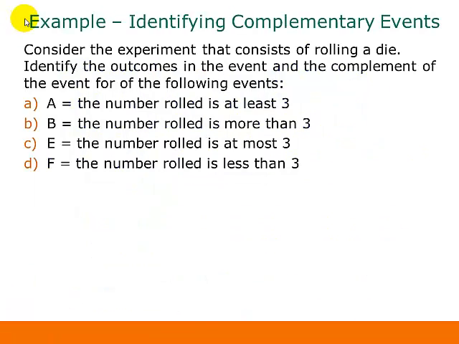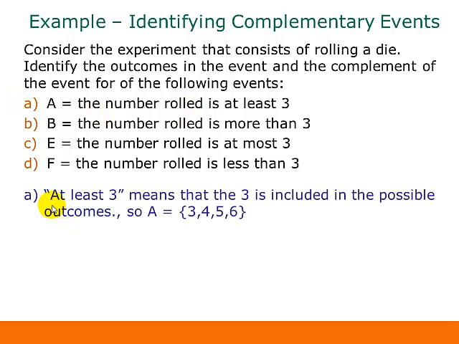Here's an example. So consider the experiment that consists of rolling a die. Identify the outcomes in the event and the complement of the event for each of the following events. So for part A here, the event A is that the number rolled is at least 3.